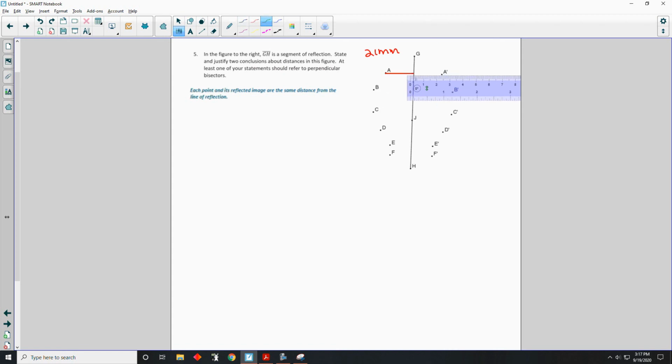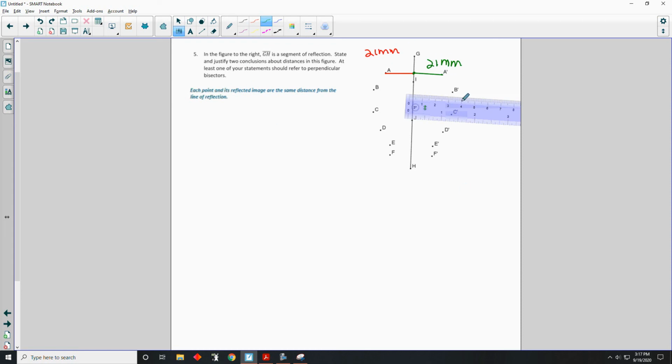Then if I move my ruler so that 0 is right on G, like so, and rotate it, this distance is also 21 millimeters. So A to here and from here to A prime are equal, and that's what this says.